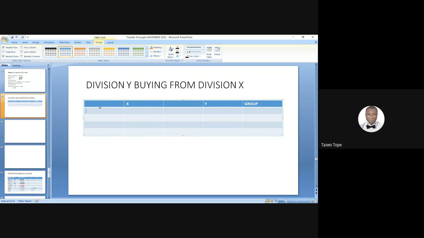Is it better for division Y to buy from division X, or is it better for division Y to buy from Ades? These are the two options we want to look at. What will be the overall effect on the group's profits? That is why we are presenting it in this form.